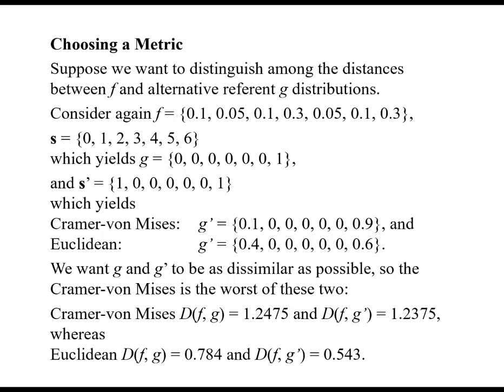Whereas the Euclidean distance for these two, G and G prime, they're quite different. And so on that basis, we would be inclined to go with the Euclidean distance function because it's enabling us to distinguish the distance between F and G from the distance between F and G prime.